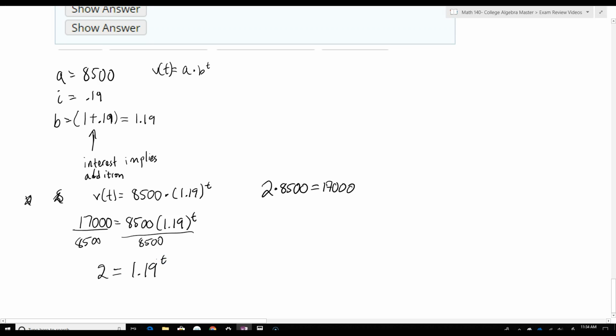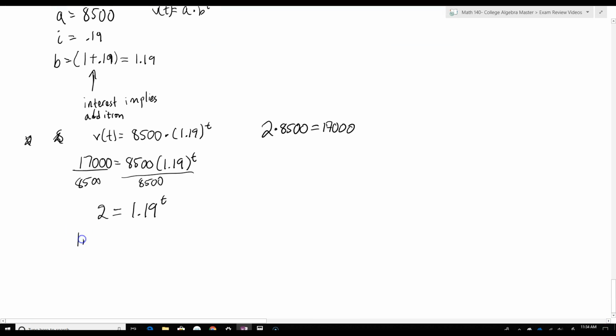Just like before, in order for us to bring down that t so that we can isolate it, we're going to take the natural log of 2, and that's going to equal the natural log of 1.19 to the t. So ln of 2 is going to equal t times the natural log of 1.19. Then t will equal the natural log of 2 divided by the natural log of 1.19. Okay?